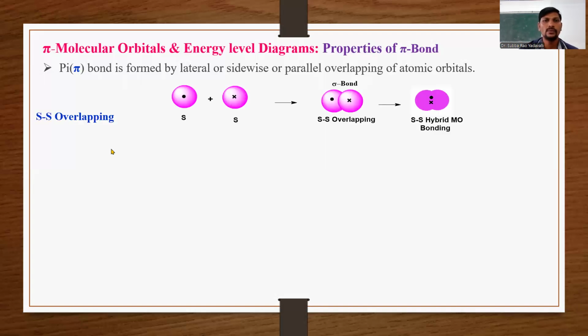So there are several overlappings based on the atomic orbitals: SS overlapping, SP overlapping, PP overlapping. During these overlappings, sigma bond is formed. For SS overlapping, one s orbital overlaps with another s orbital to form the SS hybrid molecular orbital.